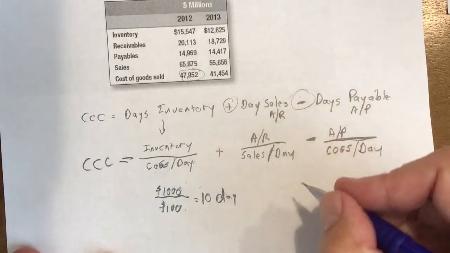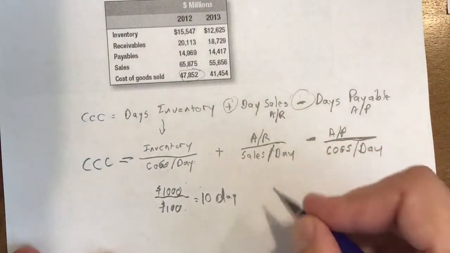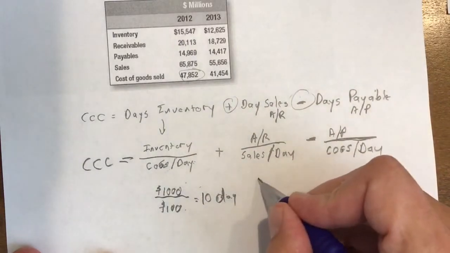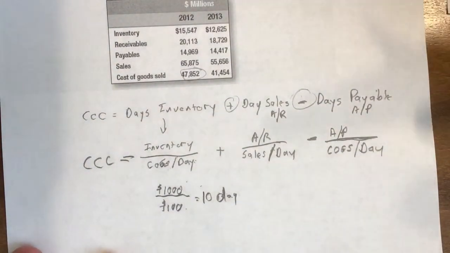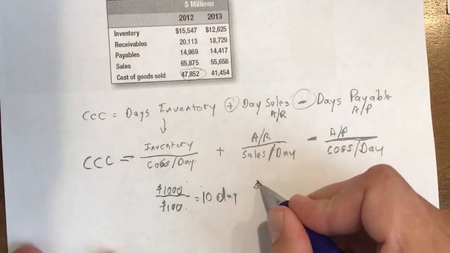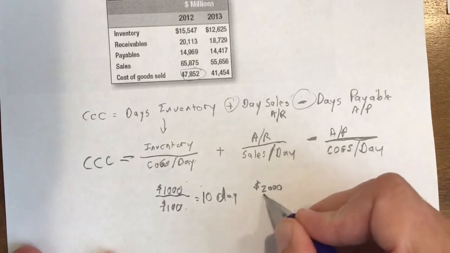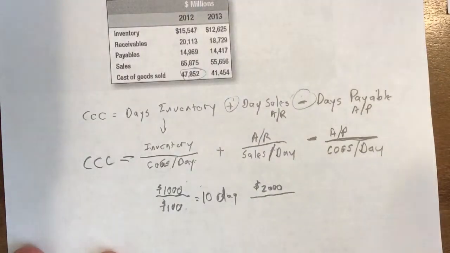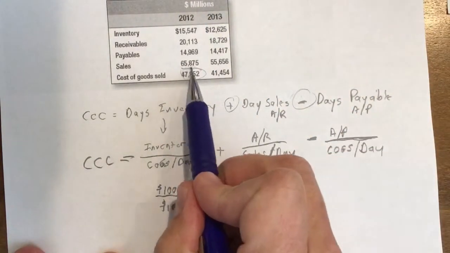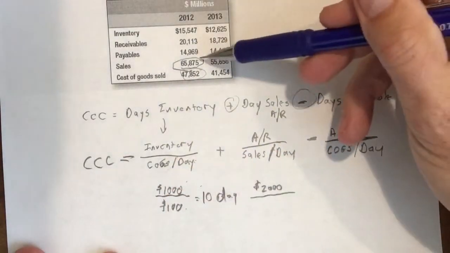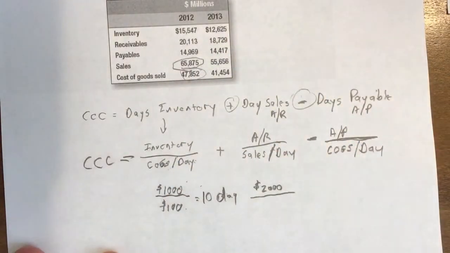Same process for accounts receivable. Again, we can just use a simple example. Let's say your accounts receivable, which is what customers owe you, in other words, you've made the sale, you delivered the product, but the customer hasn't paid you yet, is $2,000, meaning that's what customers owe you at any given point in time, and your sales per day, we would take the annual number divided by 365, but let's use simple numbers again.